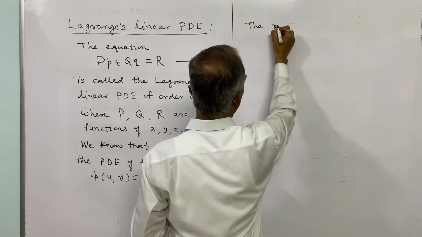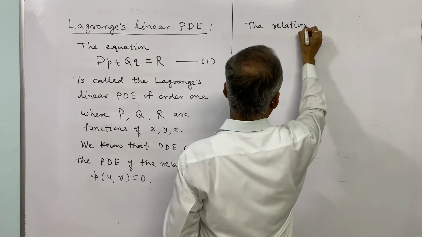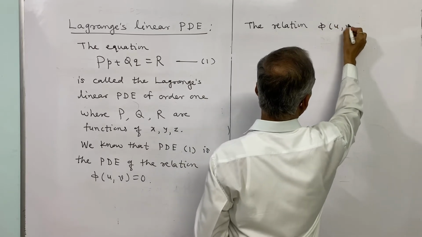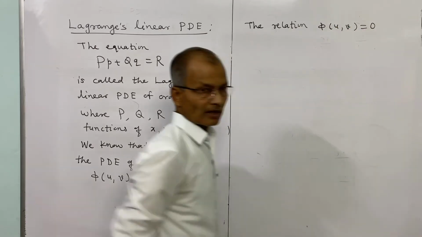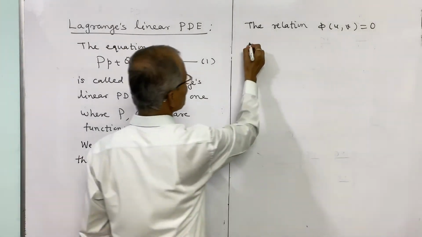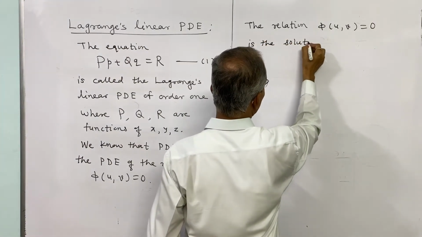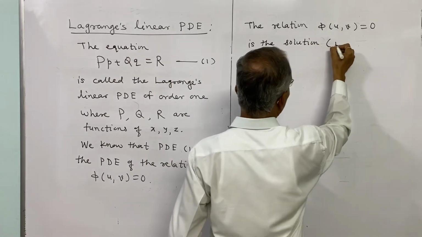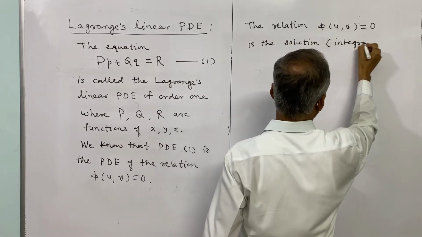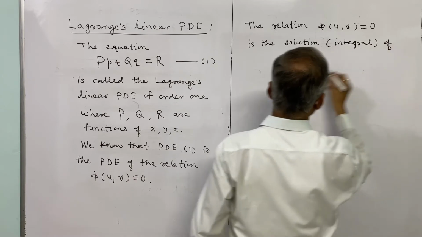The relation phi of u and v is equal to 0 is the solution, or it may be called the integral, of the PDE 1.